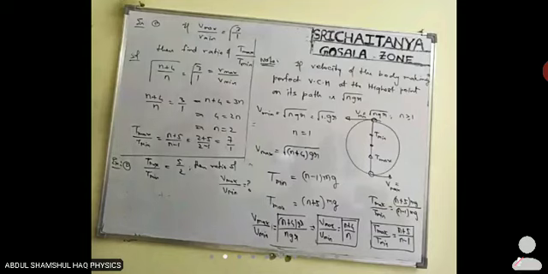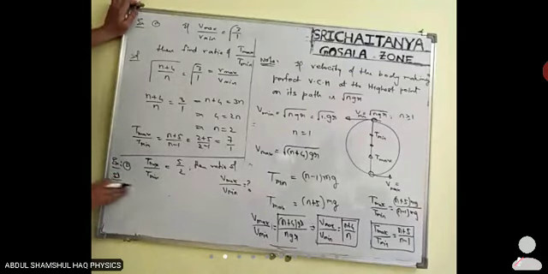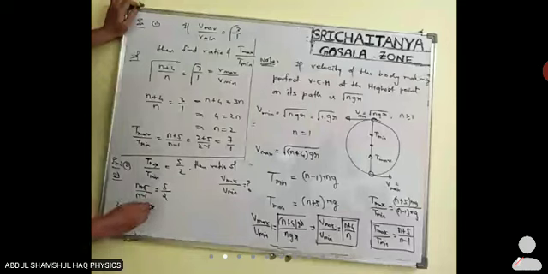Yes, Setu is giving the answer. Setu, Hitesh are giving the answers. Very good. So T maxima, students, in this case, I can say like this: n plus 5 divided by n minus 1 is equal to 5 upon 2. 2n plus 10 is equal to 5n minus 5. 3n equals 15. n equals 5.